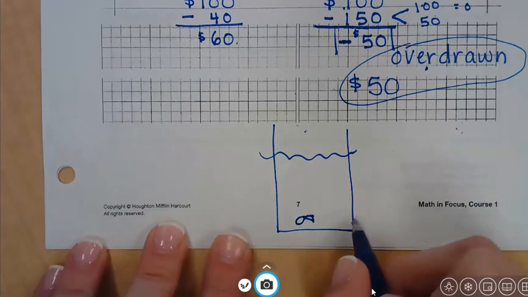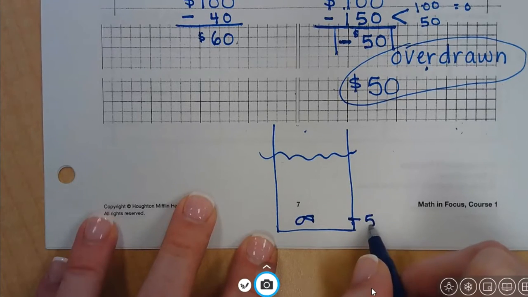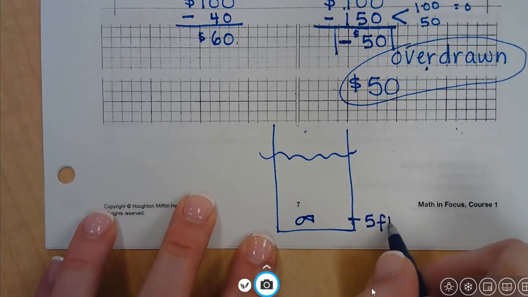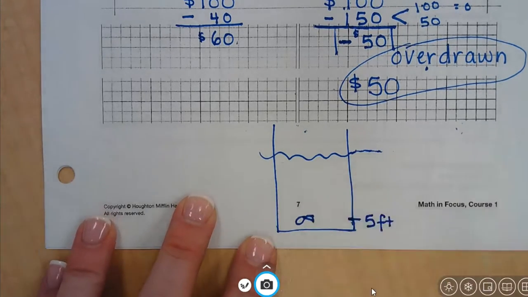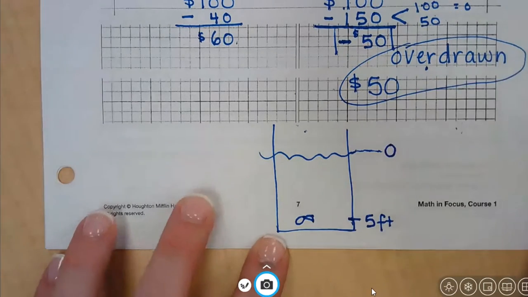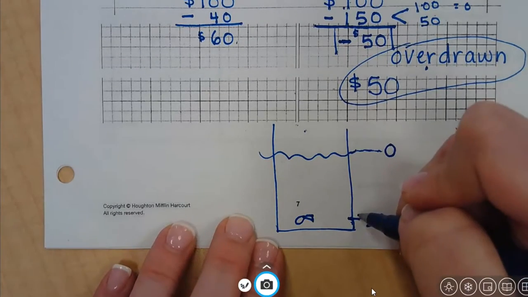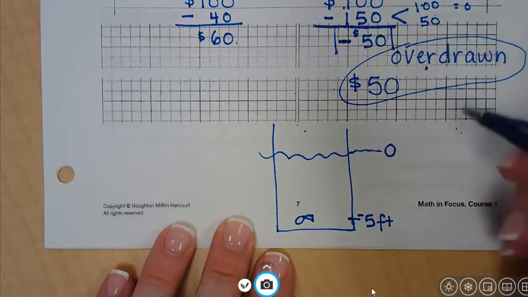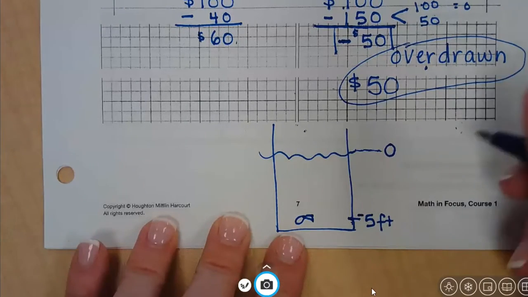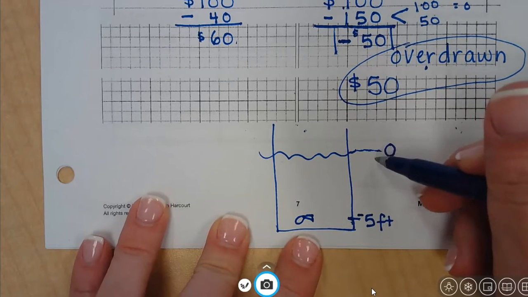So let's say that my fish tank is really huge, and I have that this is 5 feet below the level of water. So my level of water, let's say, is at 0 feet. We'll pretend it's like sea level. And so this would be a negative 5 feet, or it would be 5 feet below sea level. So I could say that the distance to the level of the water would be 5 feet.